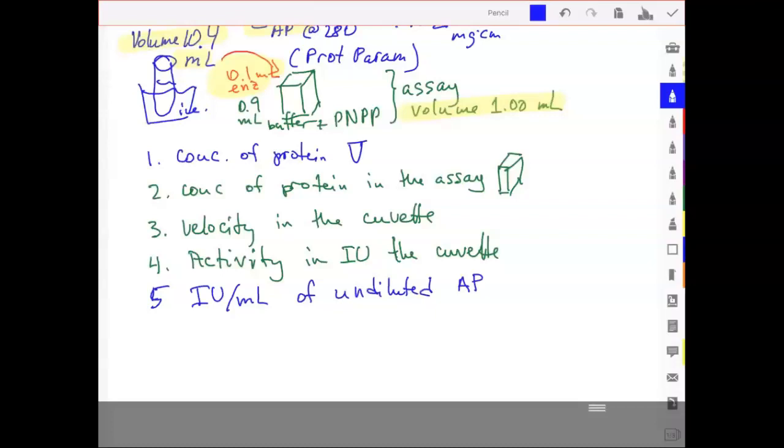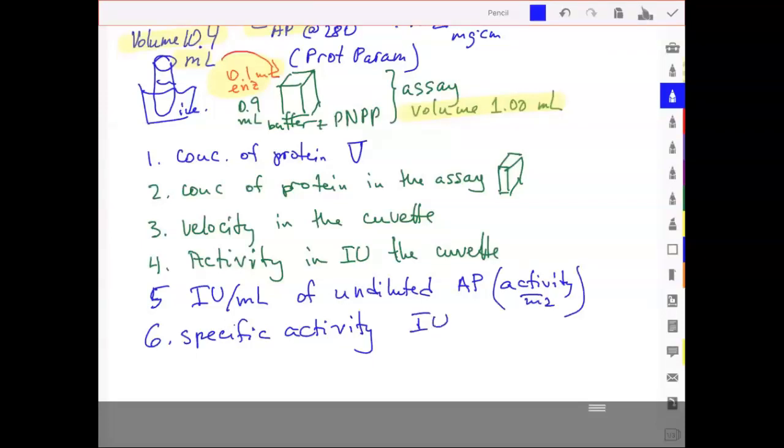Okay, and then from there, we're going to be characterizing the stuff that's in the tube. So we need specific activity. Again, the one before is U per mL, which is activity per mL. And then specific activity is going to be IU per mg protein. That's one way we can judge purity. The higher the specific activity, the more enzyme you have.